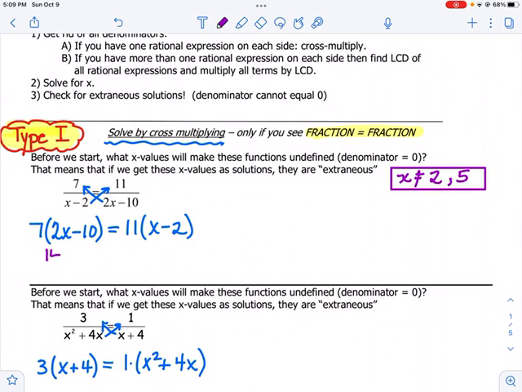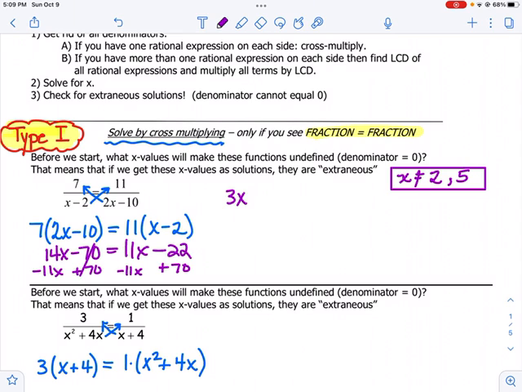So we get 14x minus 70 is equal to 11x minus 22. Then we add 70 to both sides and subtract 11x. Notice how I columnated the terms with the like terms. So we get 14 minus 11, which is 3x, on the left-hand side.